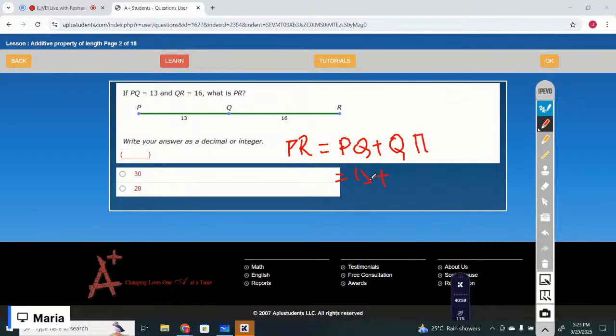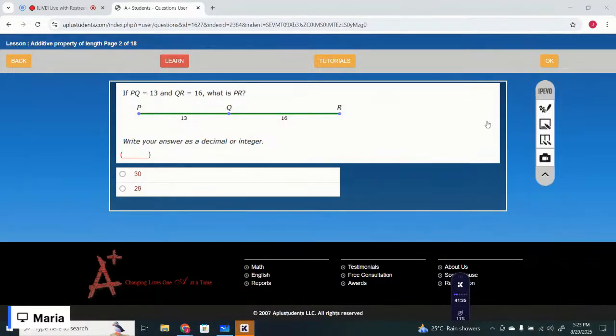PQ equals 13 and QR equals 16, that is 29. Option number 2 is the correct option.